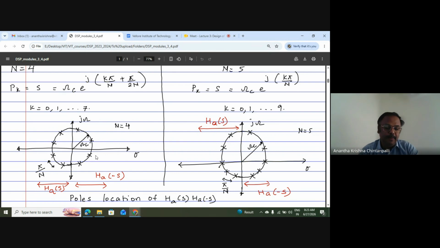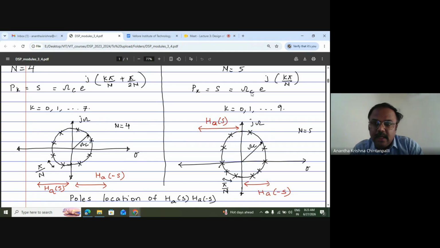Okay, so we place it. Obviously these two are a conjugate pair, this is again a conjugate pair, and so on. We have to make sure of this in order to maintain the symmetry with respect to the real and the imaginary axis.